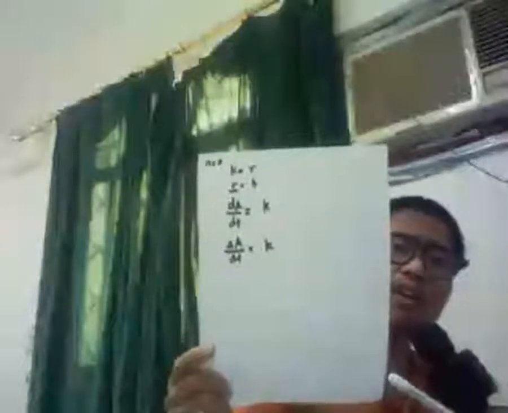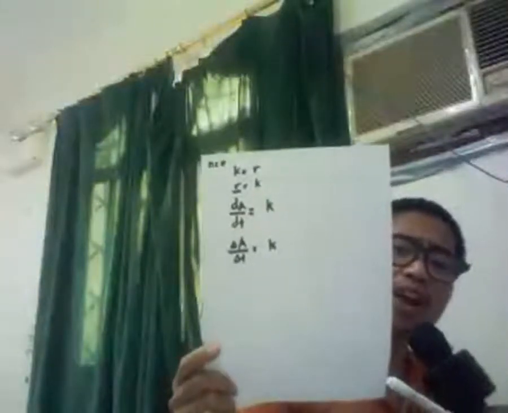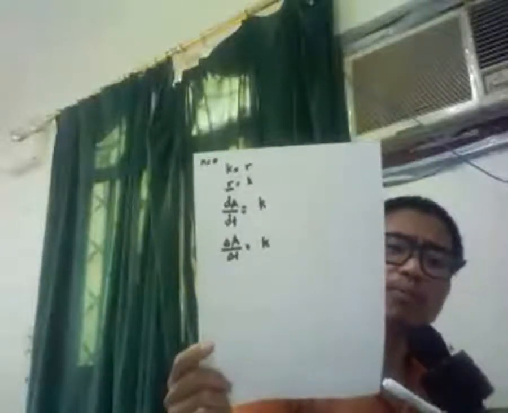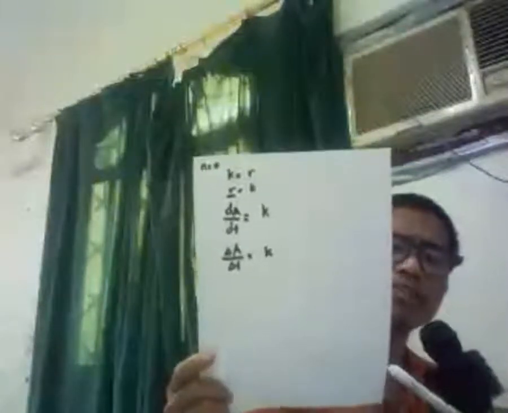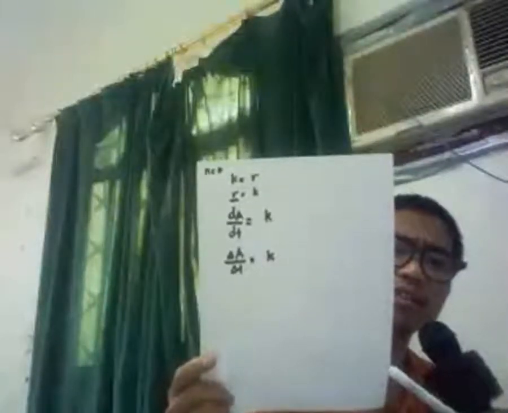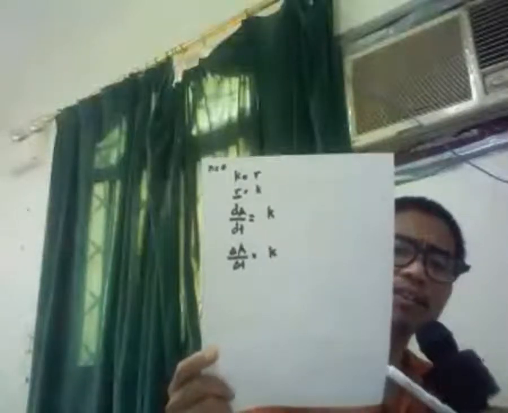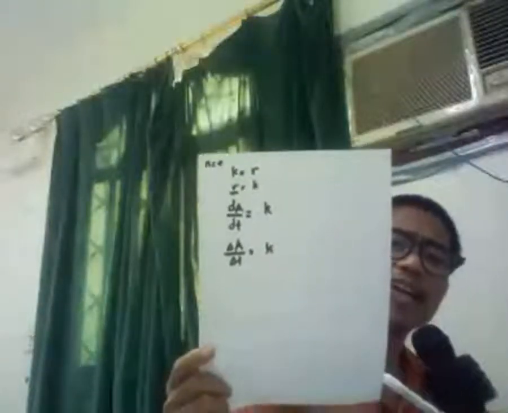It depends on the comfort and convenience of the instructors or what books they refer to in their discussion, because it varies with the type of books they are using, their approach of presenting the variables and symbols. But I prefer dA over dt because these are close to integral and differential calculus, right? Now, what is our rule for algebra?